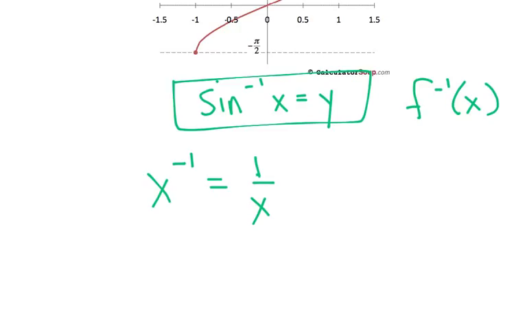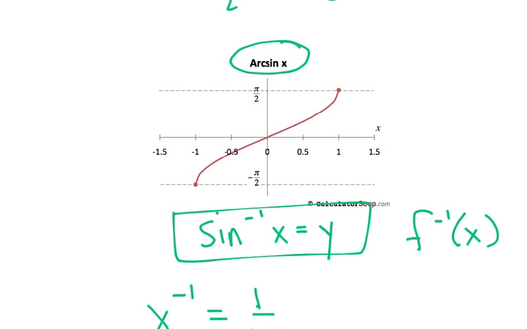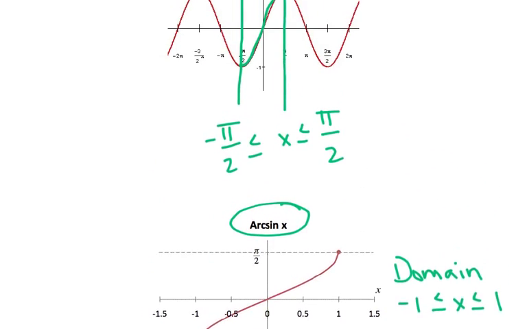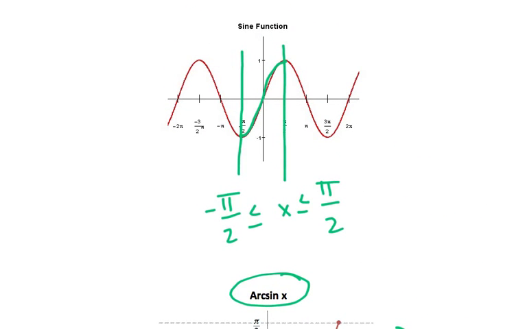It didn't tell us to actually do the reciprocal. And now what I want you to notice is the domain of our arc sine is from -1 to 1, where the domain of our sine function, in order to find an inverse, needed to be between negative pi over 2 and pi over 2.